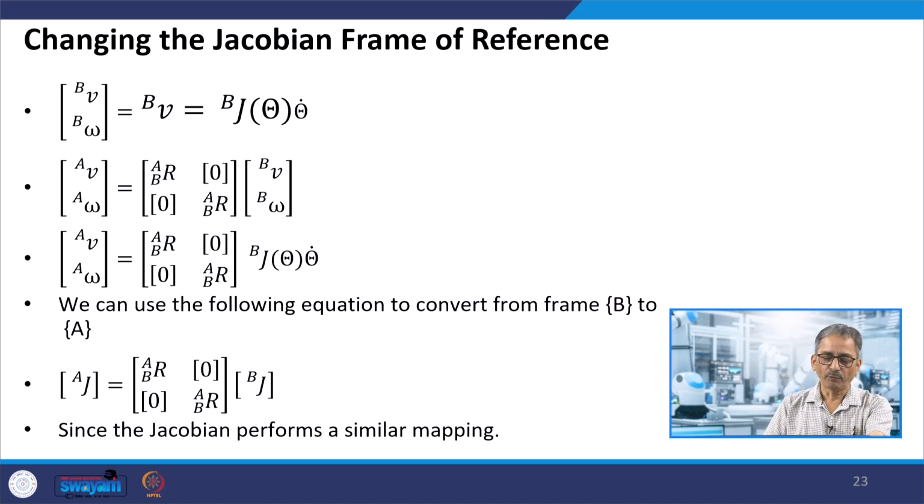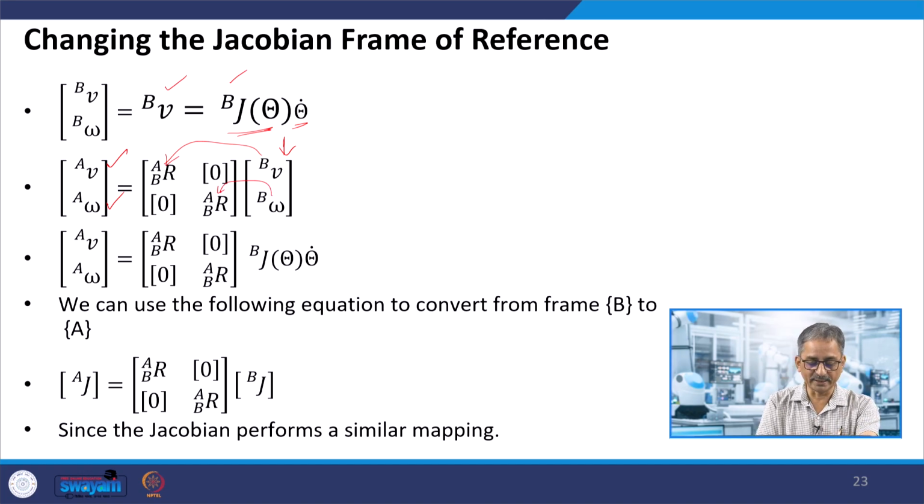So what if I want to change the Jacobian's frame of reference? Suppose my velocity in the Cartesian space is given with respect to frame B, and that will be the joint velocity vector times the Jacobian expressed in terms of frame B. Suppose I want to convert it in terms of frame A. The translational velocity and angular velocity expressed in terms of frame A, I can write in terms of frame B, with each one multiplied by the rotation matrix.